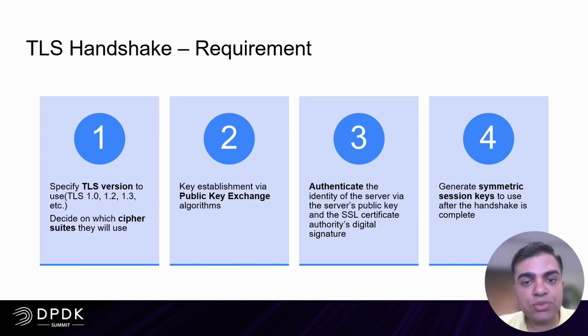Second is the key establishment using public key exchange algorithms. Third is to authenticate the identity of the server using the server's public key and the SSL certificate authority's digital signature. Fourth is the generation of symmetric session keys to use after the handshake is complete for the generic application layer data.